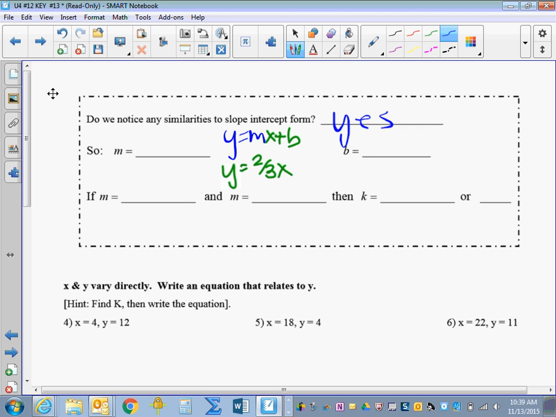So for my direct variation, my y-intercept is 0. So b is 0. And my slope is just my k value.